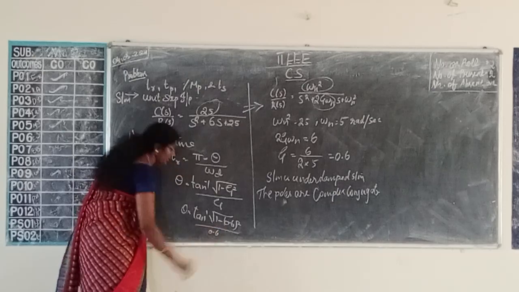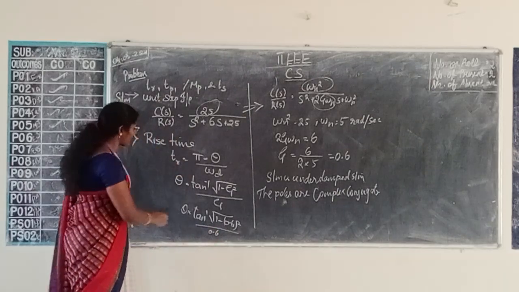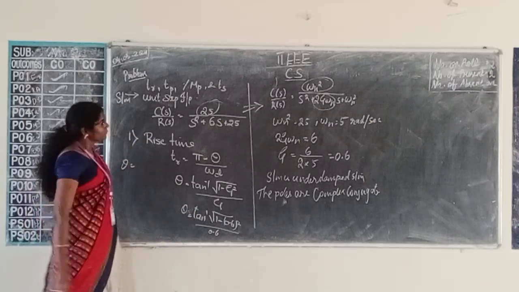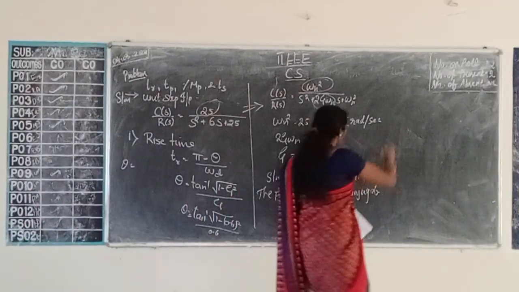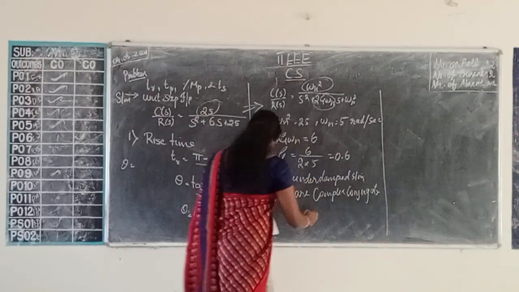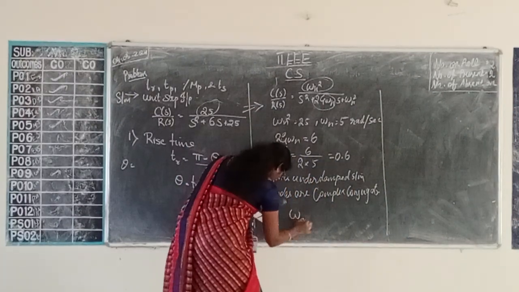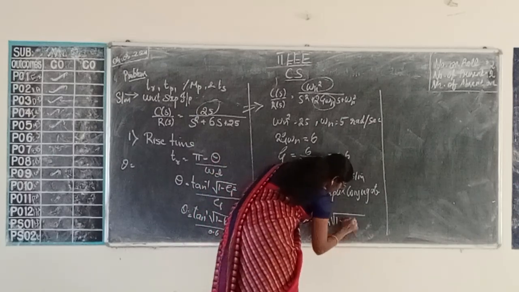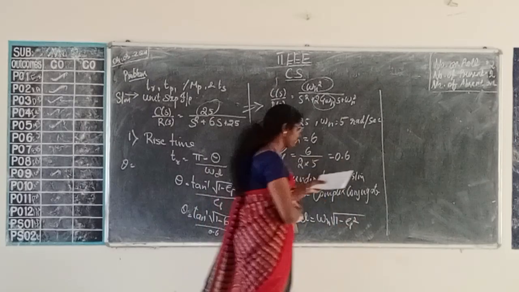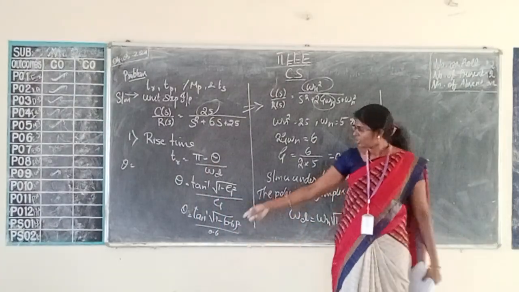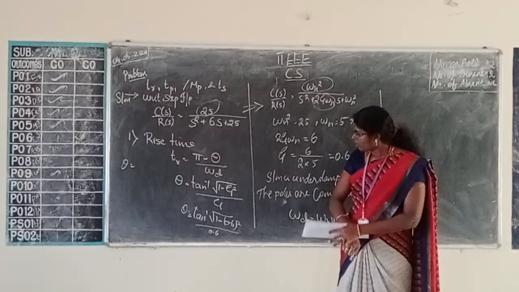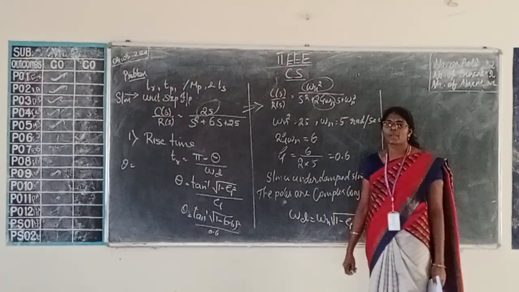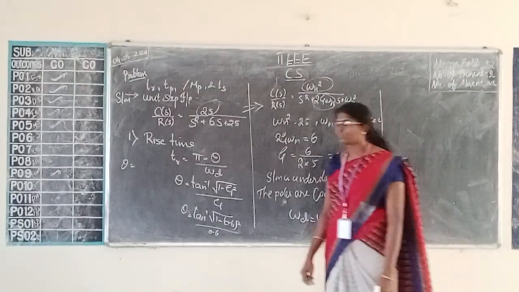Divided by 0.6. Use the calculator and tell me what theta is. Likewise, I have to find omega d also. Make it fast. Tan inverse of root of 1 minus 0.6 whole square divided by 0.6. 74.4. No, it's wrong.